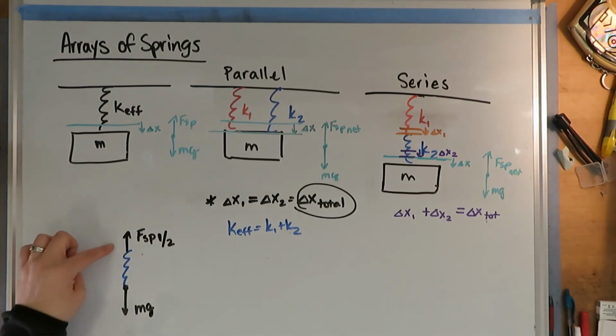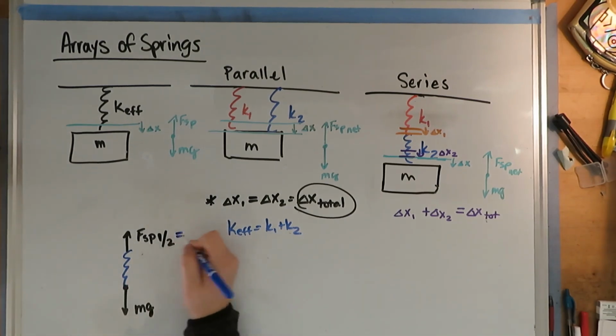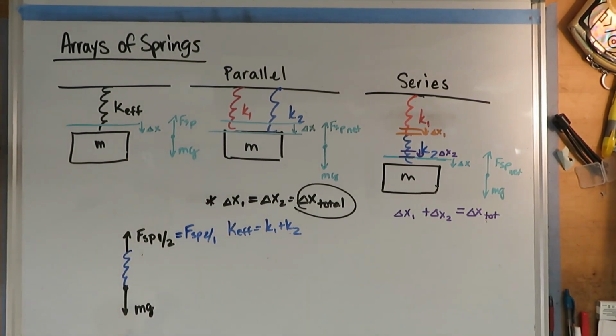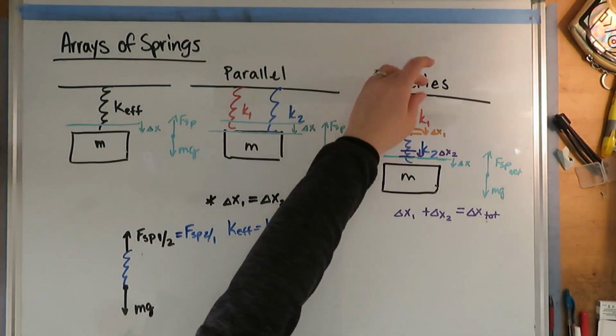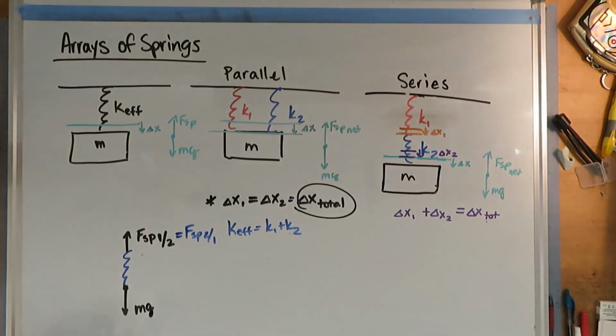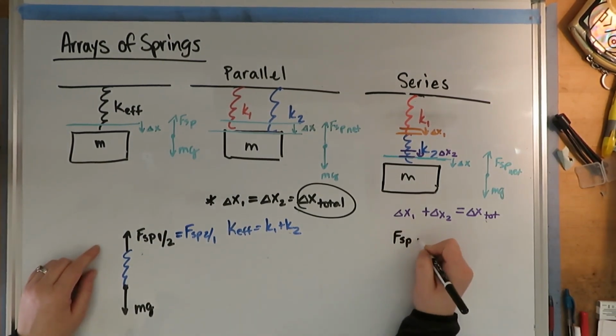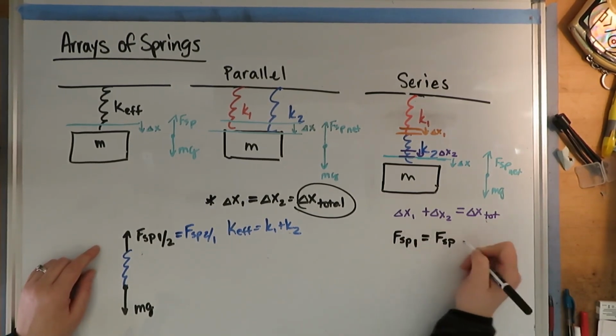But I also know that by Newton's third law, the spring force of 1 on 2 has to equal the spring force of spring 2 on 1, but they'll be in opposite directions. Because the spring at the ceiling here is going to have some force at the top due to the wall, and then it's going to have the other spring pulling down on it. So basically what this tells me is that the spring force for spring 1 has to equal the spring force on spring 2.